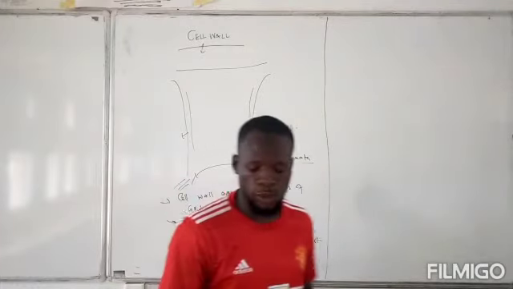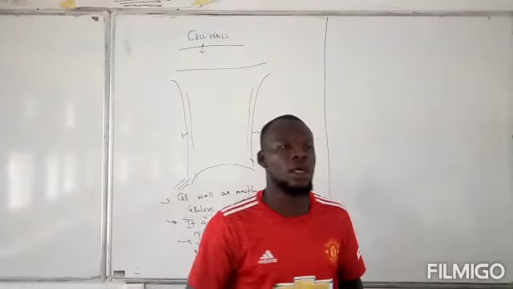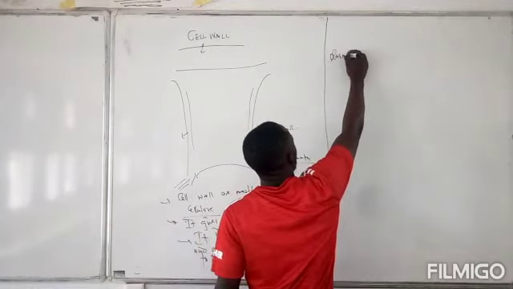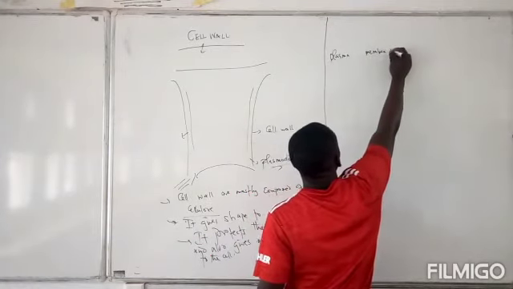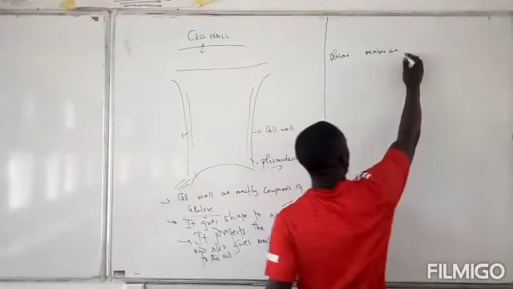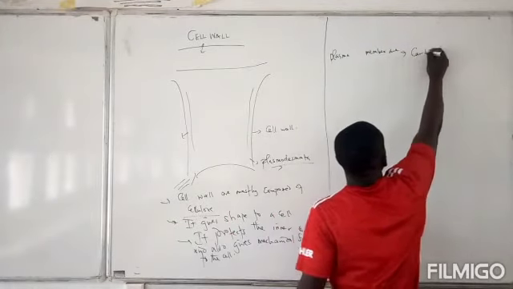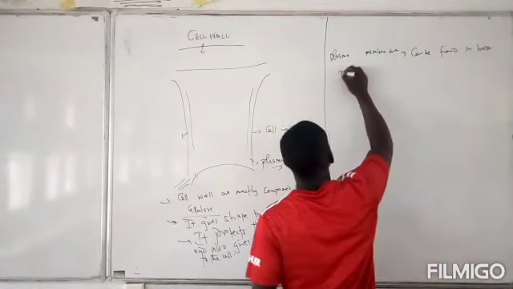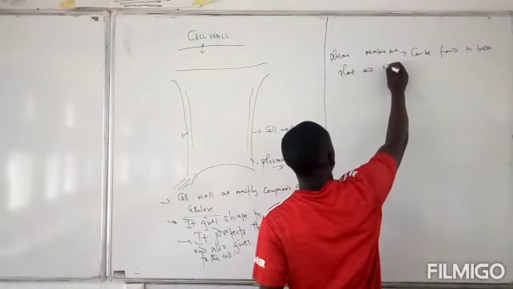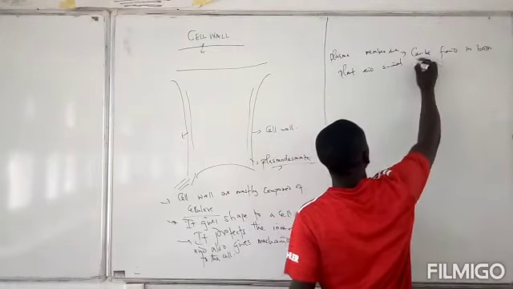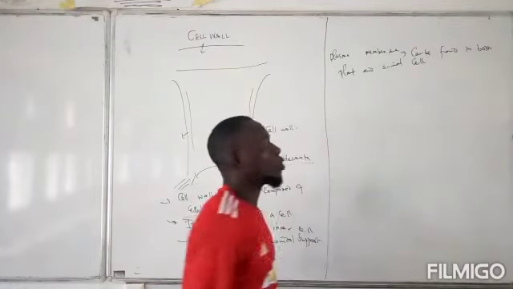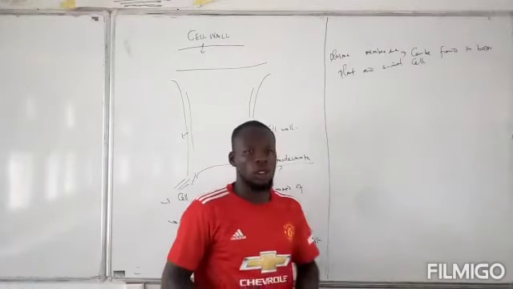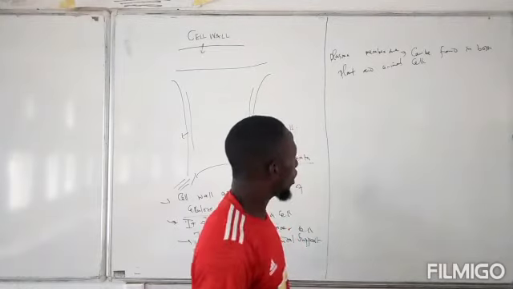Now, the next part is the plasma membrane. If you look, the plasma membrane is present. The plasma membrane can be found in both plant and animal cells. So just like the function of the cell wall, it protects the cell as well.